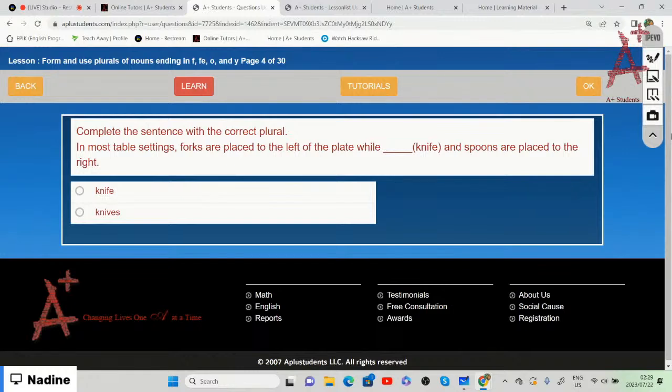We need to choose the correct one. So one knife, two or more knives with V-E-S. So knives.